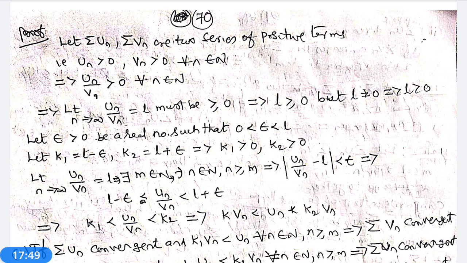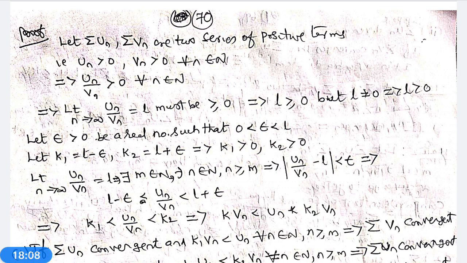Limit as n tends to infinity of un by vn is equal to L implies there exists m belongs to N such that for all n belongs to N, n greater than or equal to m implies mod of un by vn minus L is less than epsilon.